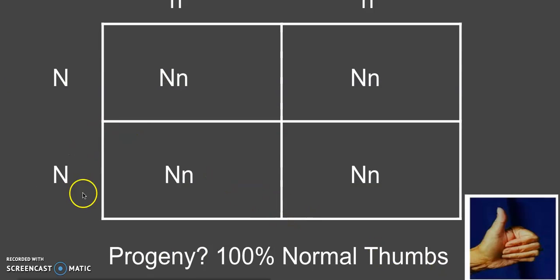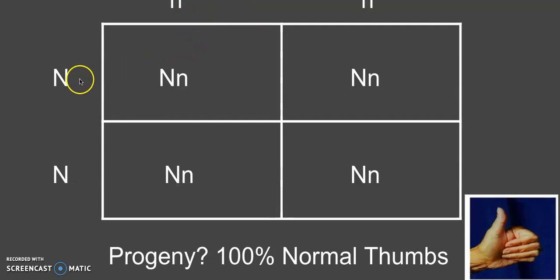So over here on the left, we have parent one's two big N alleles, or two normal thumb dominant alleles. And on the top, we have both of parent two's little n or hitchhiker thumb alleles.